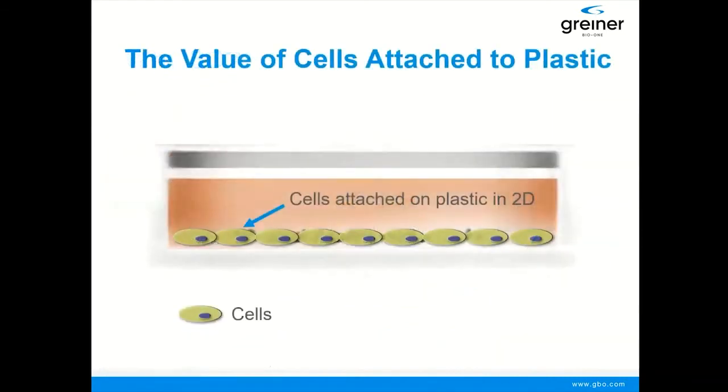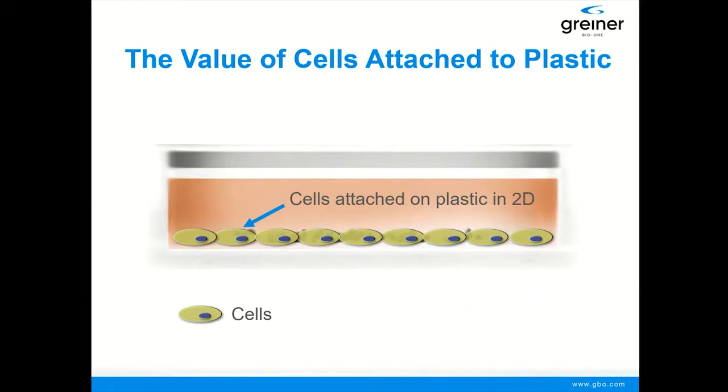Now, a more practical view of 3D cell culture. When you go from monolayer culture, culturing cells in 2D, to culturing cells in 3D, you realize how helpful it is that cells are stuck to plastic. If you want to change media, why is it easy to change media? Because cells are stuck to the bottom.